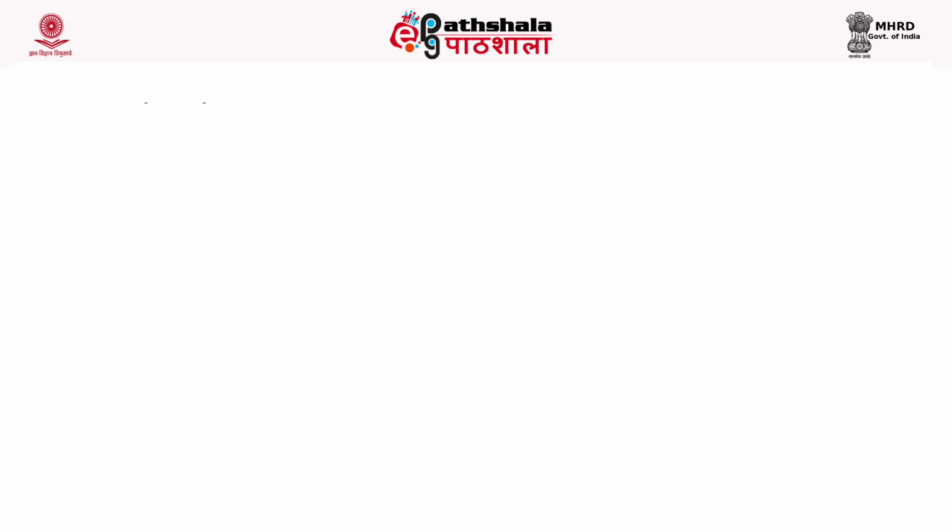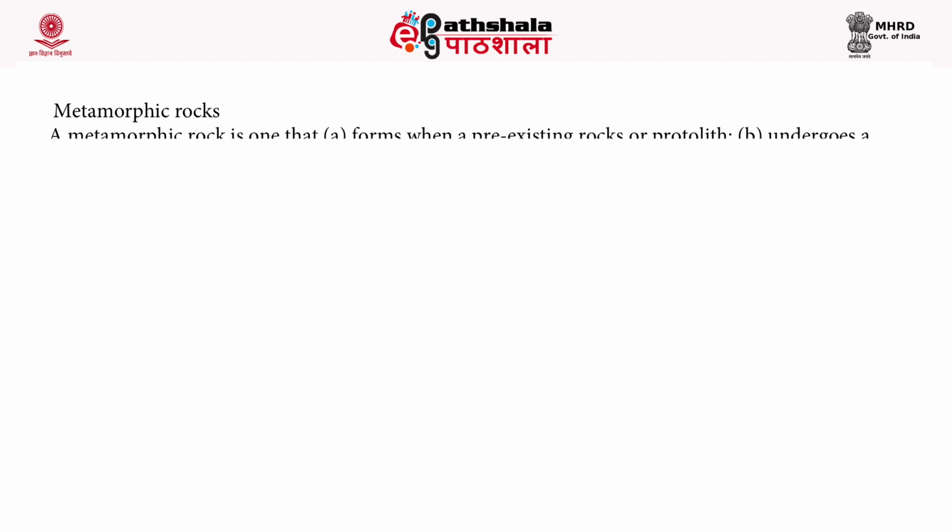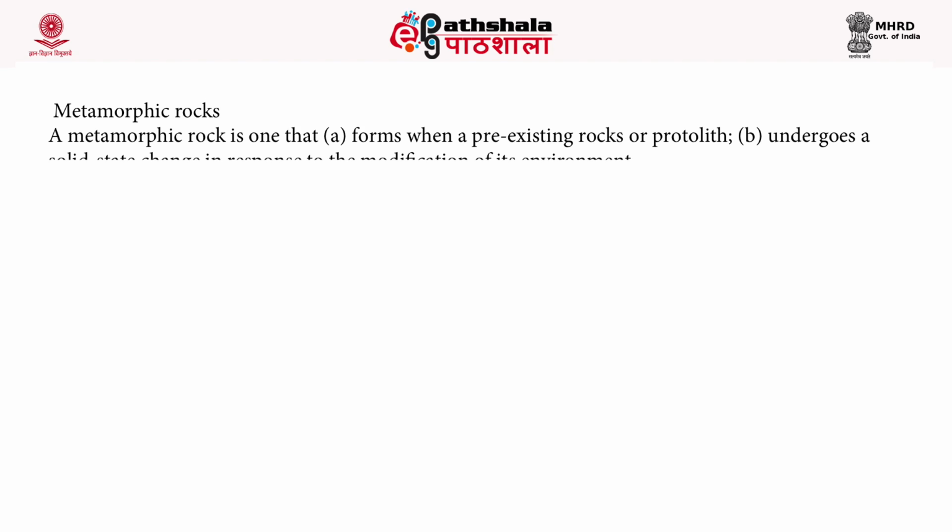Metamorphic rock is one that forms when a pre-existing rock or protolith undergoes metamorphism. Protolith or pre-existing rock can be igneous, sedimentary or metamorphic. In metamorphism, the rock undergoes a solid state change in response to modification of its environment.